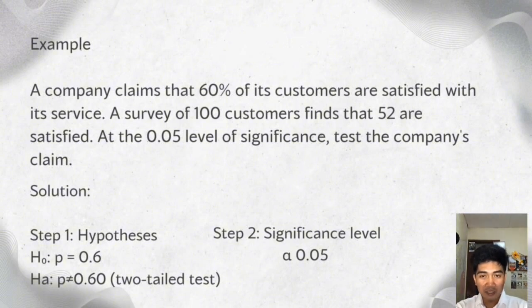The null hypothesis is that the population proportion is equal to 0.60, and the alternative hypothesis is that the population proportion is not equal to 0.60, or two-tailed. Step 2, significance level. It is given that the significance level is equal to 0.05.